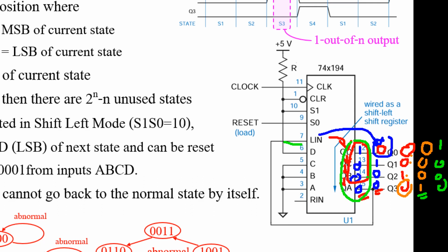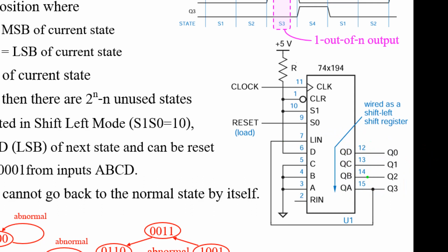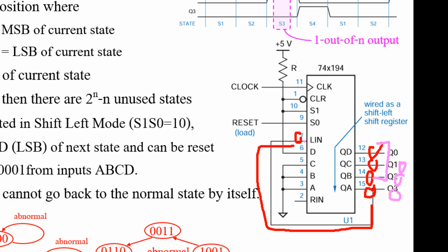So this ring counter then has four states. And please note, if your circuit is lost to some unused state, for example 0, 0, 0, 0, what happens when the clock ticks? These 3 bits shift down 0, 0, and it reads L in into this. It stays in the 0, 0, 0, 0 state.